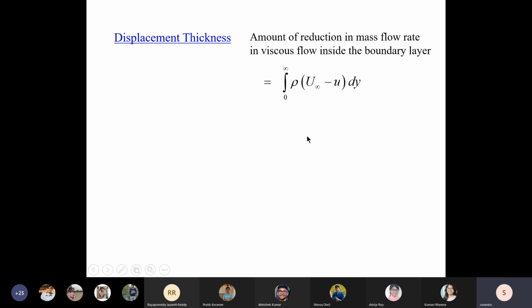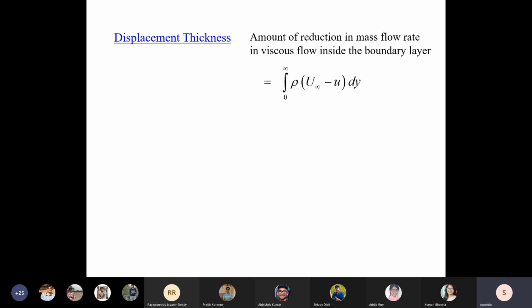So let's try to quantify that. The reduction would simply be the difference in velocity multiplied by rho, integrated over the entire thickness of the boundary layer. I am assuming that the depth is taken to be unity, that means in the z direction, it's not affecting the velocity.